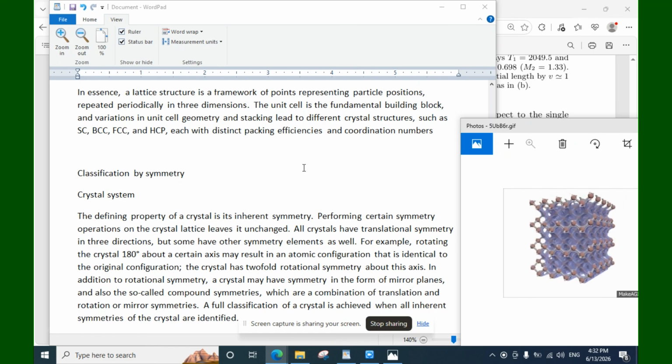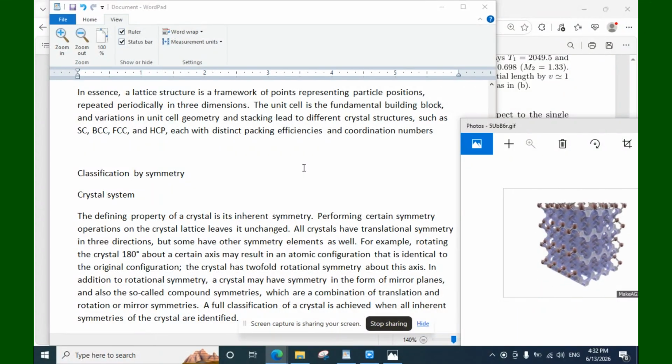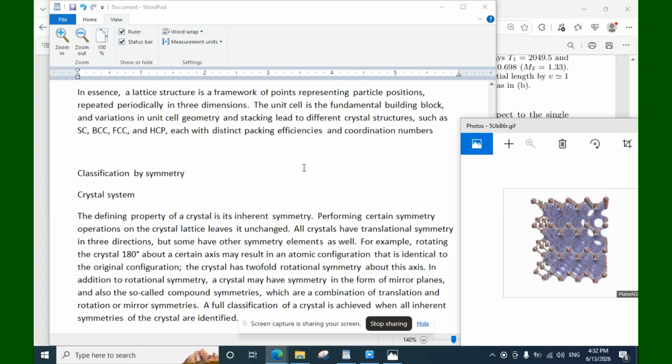For example, rotating the crystal 180 degrees about a certain axis may result in an atomic configuration that is identical to the original configuration. The crystal has twofold rotational symmetry about this axis.